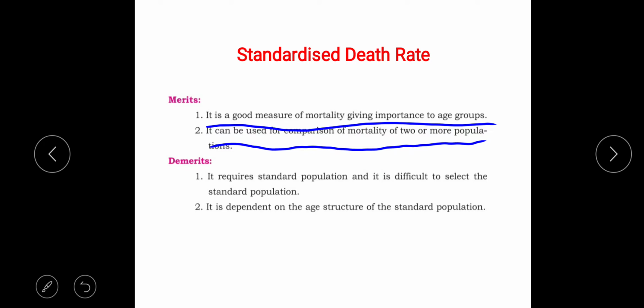So here one more difficult task, that is selecting the standard population. Which location should be selected as a standard? Because if we select any location, or India, China, Russia, America, Japan, whatever you take, there will be one or other aspect which bothers the population. America may be having rich resources and all, but population is very less.